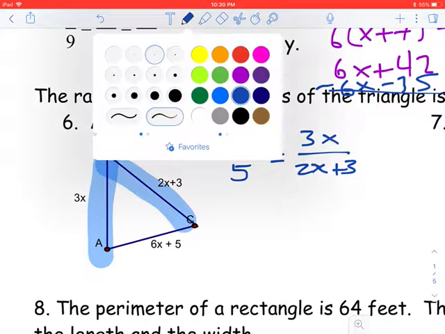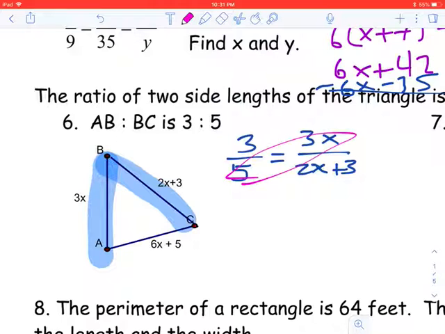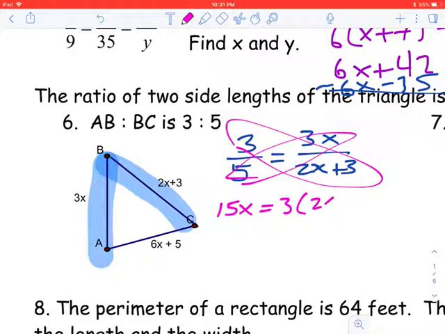And so to solve once again, I cross multiply. So I've got 5 times 3x is 15x. 3 times all that is 3 times 2x plus 3. So I distribute. I get 6x plus 9 and then 15x.